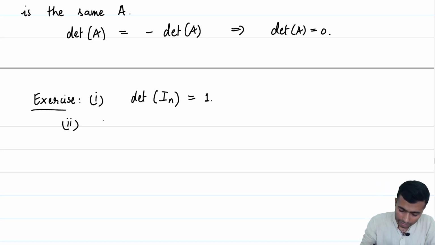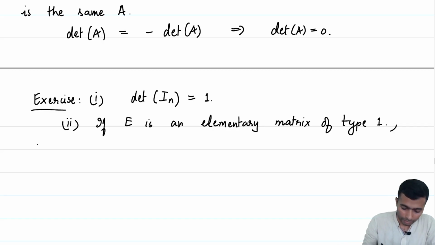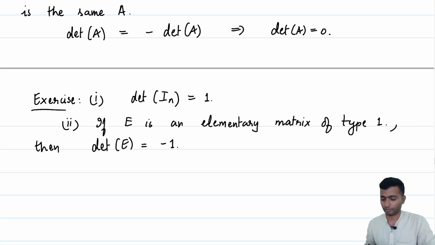This exercise, however, is a little more work. Maybe you should spend some time to do it. If E is an elementary matrix of type 1, then the determinant of E is equal to minus 1.